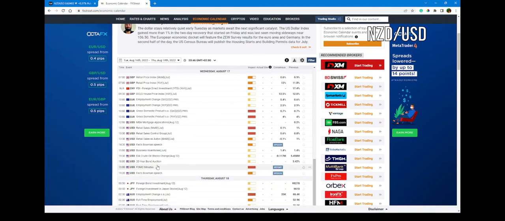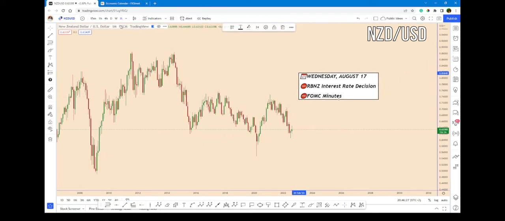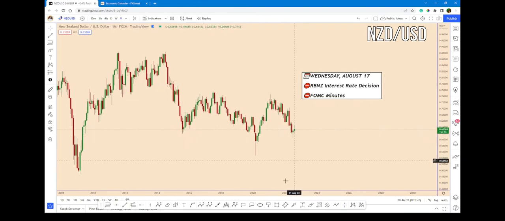So both of these events will create a high volatility. So as we can see, from the New Zealand side, we have the interest rate decision and we have also FOMC from the US. So let's break it down and let's see why it is better for us not to trade New Zealand and USD tomorrow.